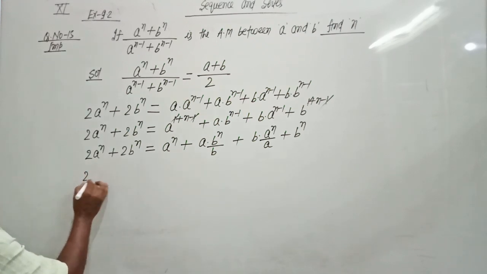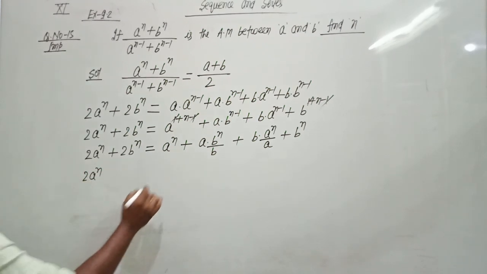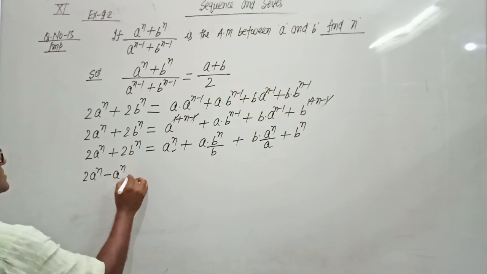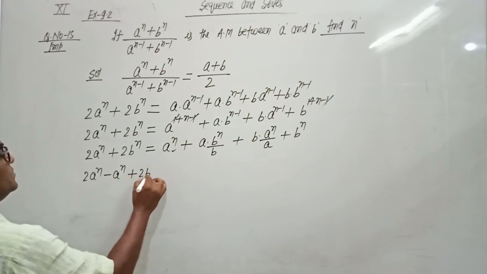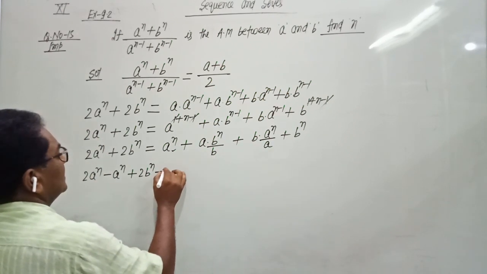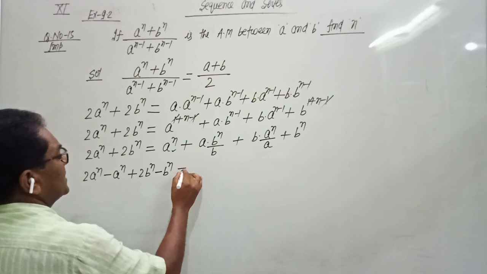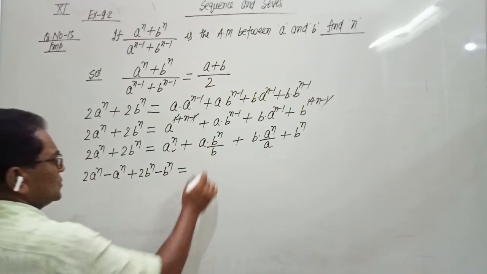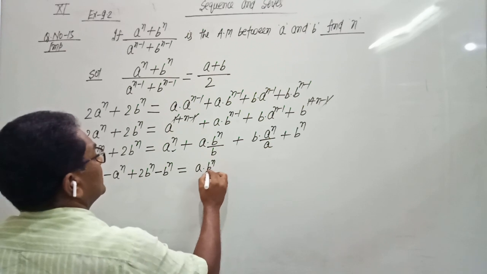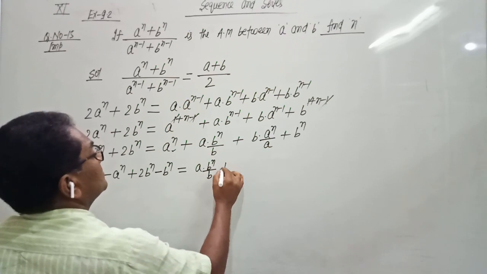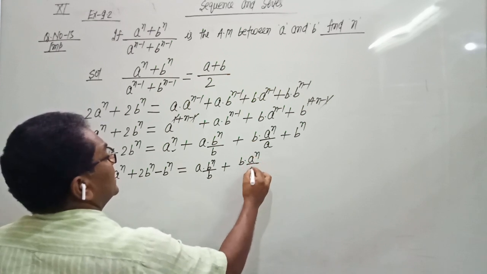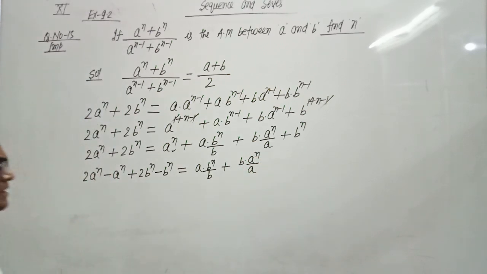So 2 into a^n and this term will go on the left side, becomes minus, plus 2 into b^n and this will come on the left side. So minus b^n equals a into b^n upon b plus b into a^n upon a.